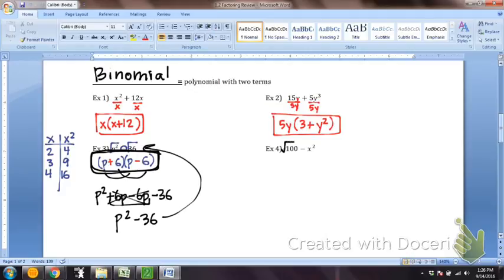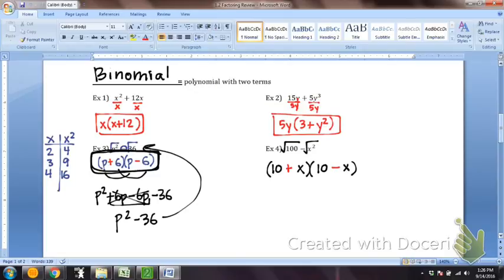What is the square root of 100? 10. Okay, so set up your parentheses. 10 and a 10. What is the square root of x squared? So I have an x and an x. One's plus, one's minus.